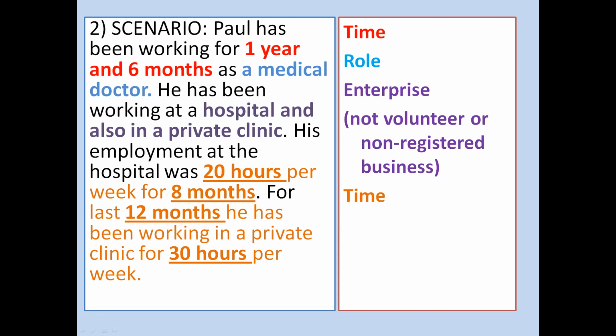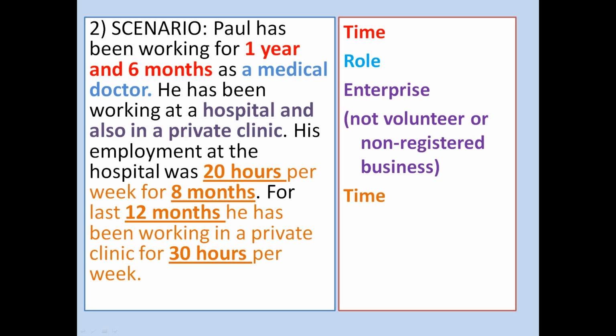Alright, let's take a look at the scenario and break down the important elements in this story. So we have the time factor. It says Paul has been working for 1 year and 6 months. And then we have the role. He's been working as a medical doctor. The enterprise is important as well, because he's not working in Uncle Joe's garage or somewhere that's not registered.